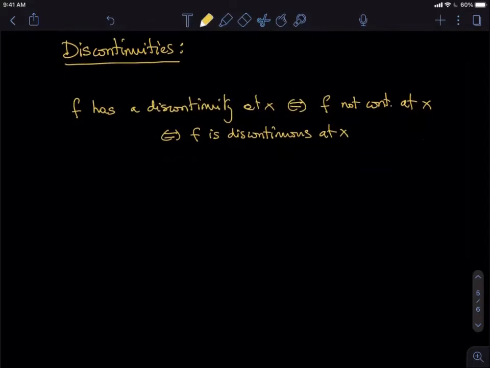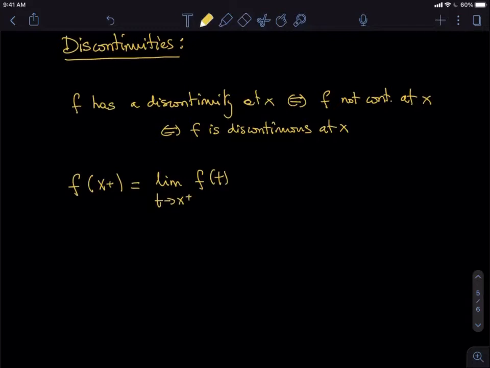If we remember from Calc 1, there is this notion of right-handed or left-handed limits. Here in this context, we are going to denote f of x plus the limit from the right. It is the limit as t tends to x from the right of f of t, and let's say this is a number q.